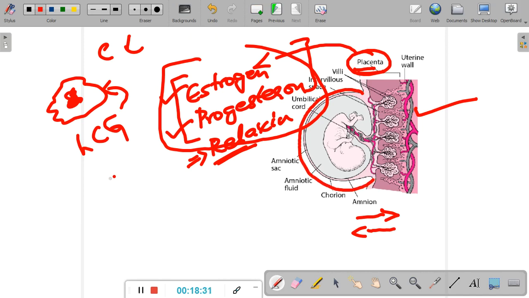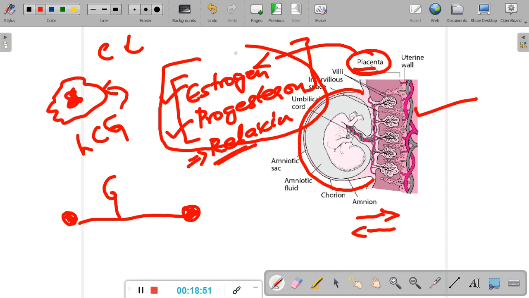Now the gestation period is the time from the point of implantation till the time of childbirth. So the function of these hormones is to maintain pregnancy primarily. Relaxin is also released, which is then used up during the later stages.